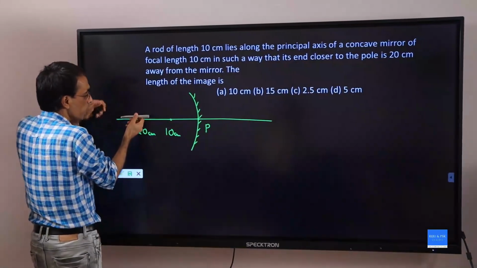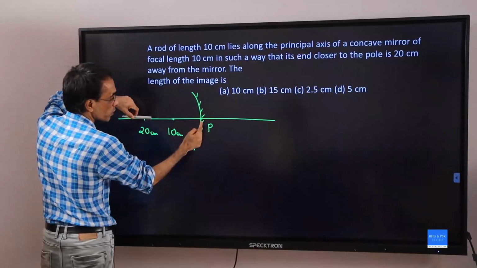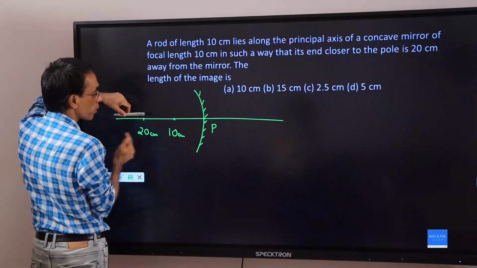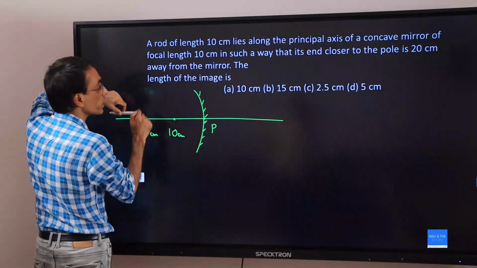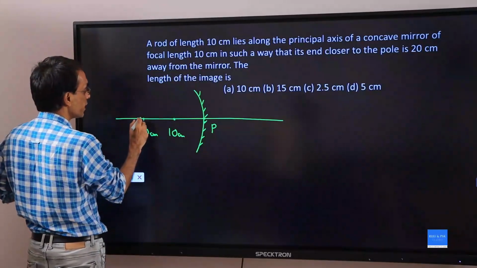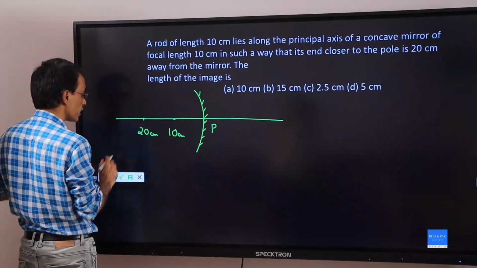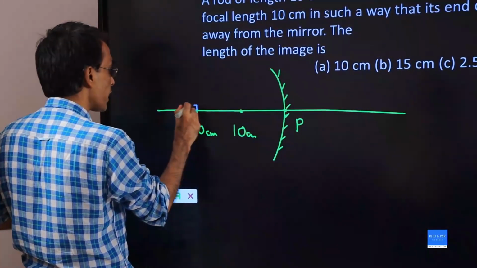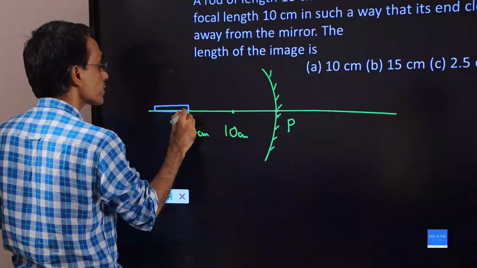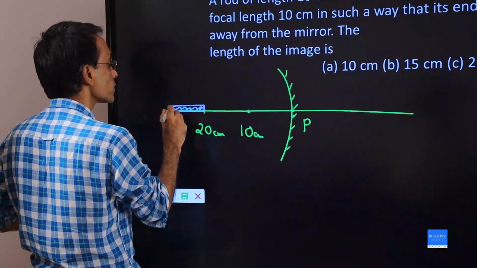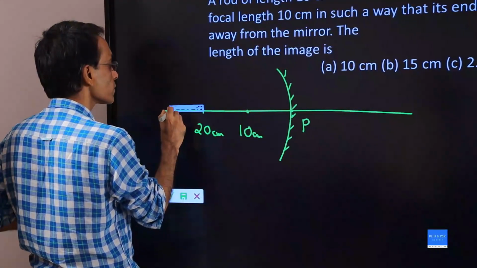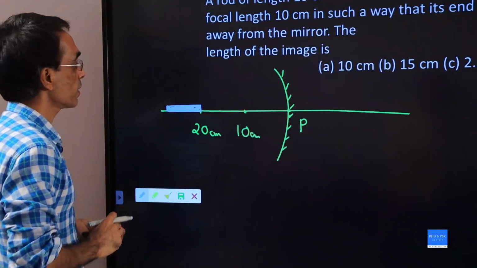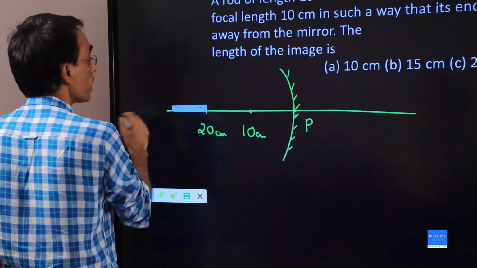So you can see that the rod is lying with one end close to the pole and the other end away from the pole. The closer end is at 20 centimeter. Aha, that's great. It is lying like this, and the rod has a length of 10 centimeter.